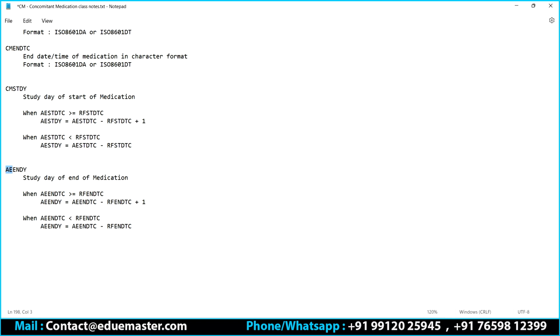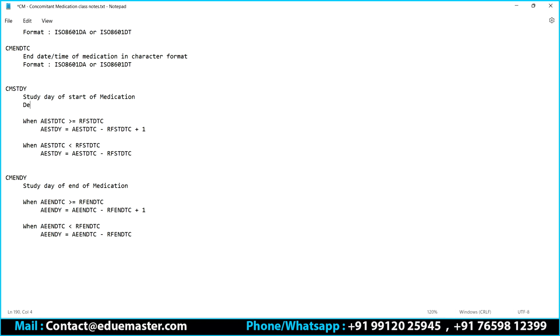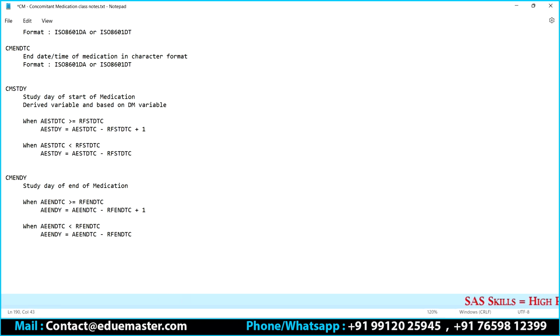Right? Everywhere we are calculating this for CM. So how are you going to do this? This is going to be a derived variable, based on the DM variable called reference start date and time, treatment start date and time.